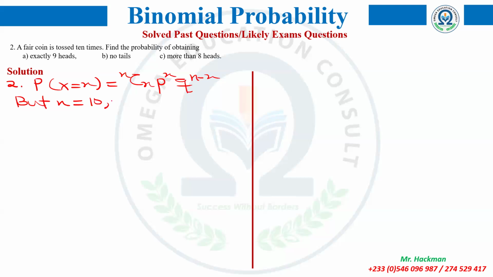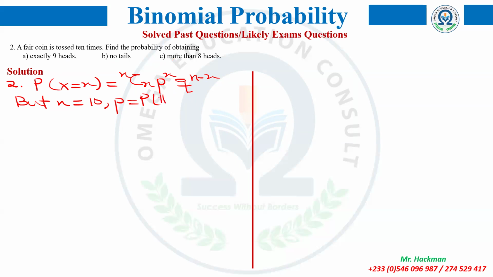Is that clear? Your p, because it's a fair coin, your p will be your probability of success. So this is a capital P, this is a small p. And we said we are taking our usual head as the success just for the simple reason that it appears most in the question.